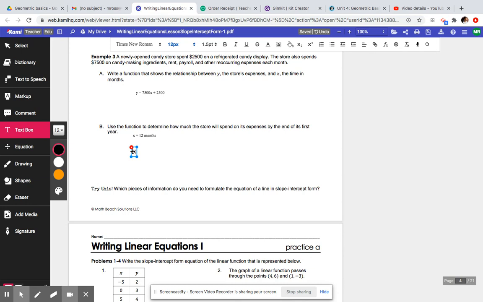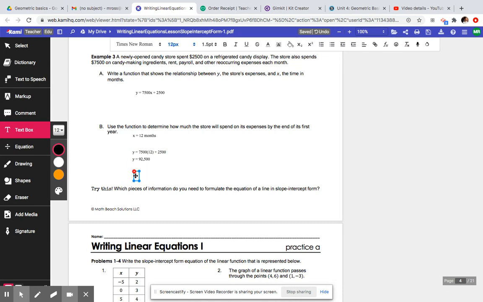So if we're looking at the equation 7,500x plus 22,500, we're going to replace x with 12. And then we can go ahead and solve that, and y is going to equal $112,500 in 1 year is how much you will spend on your company.